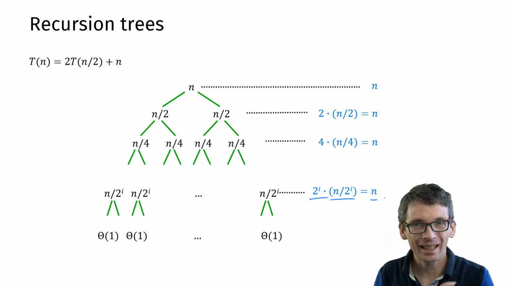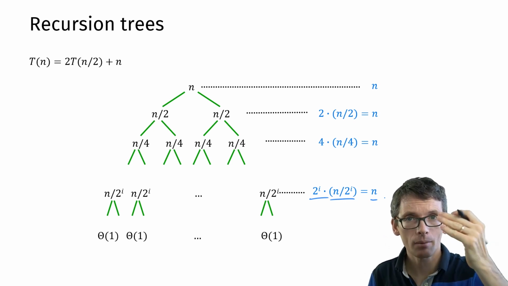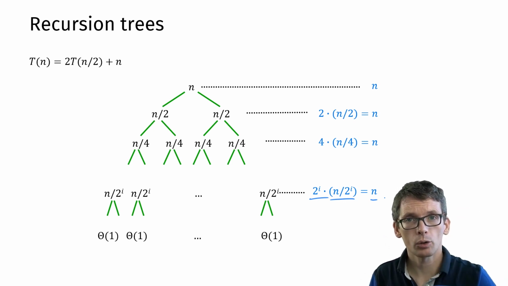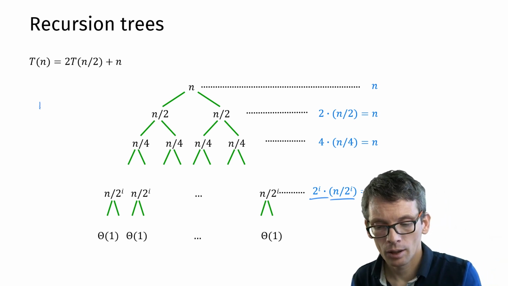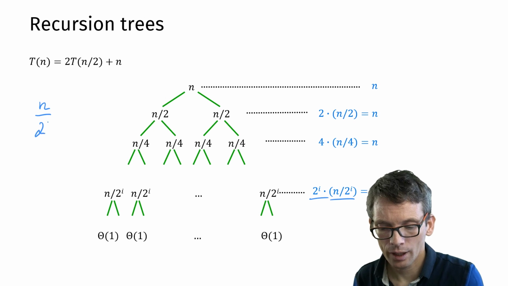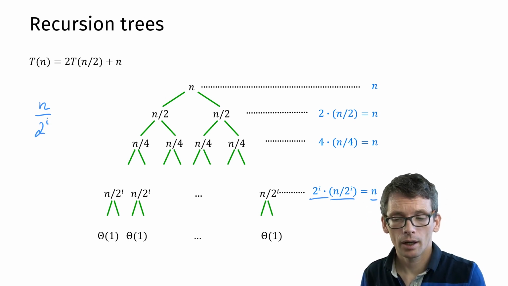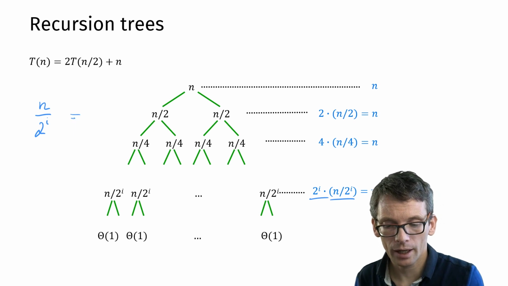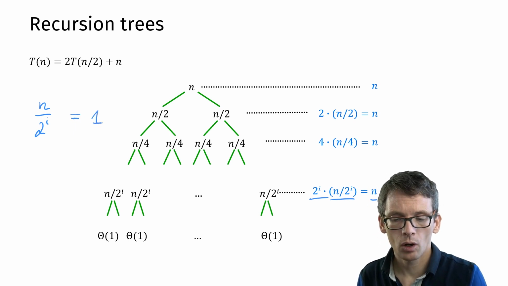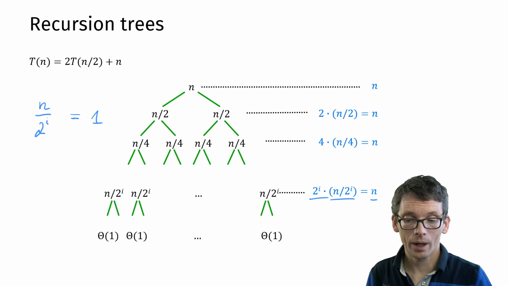Now, how many levels do I have? Each time n is divided by 2. So how large can i get? On level i, I'm looking at n divided by 2 to the i, and let's say I stop when this is 1. So when is this 1?